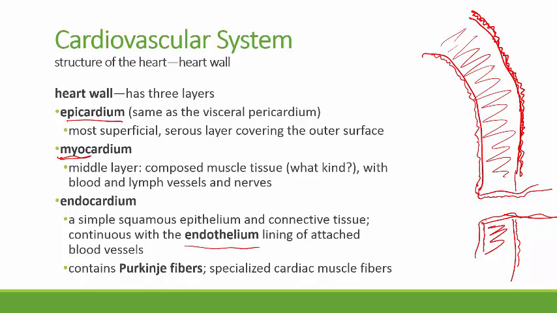I forgot to mention, I'm sorry, that the myocardium forms, if you look on page 569, so you might want to pause the recording for just a second. Page 569 shows a picture of the myocardium, and the myocardial muscle fibers are arranged so that they spiral up through the heart.